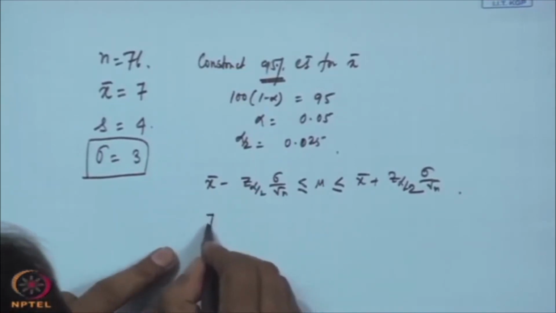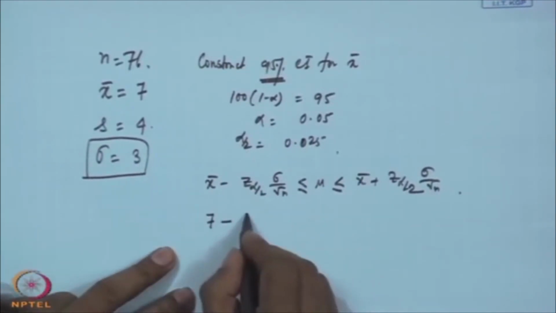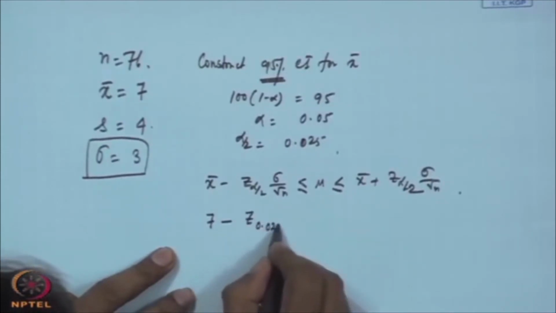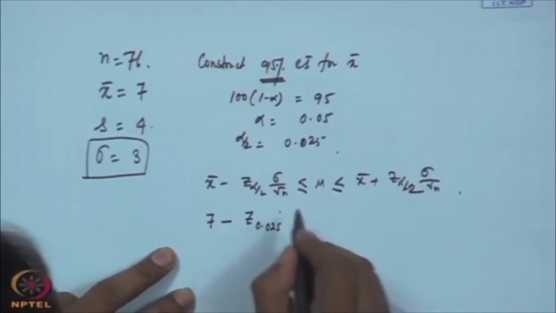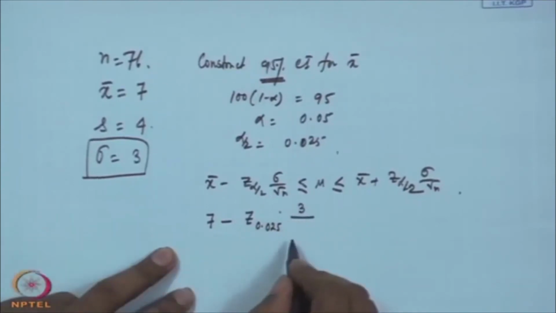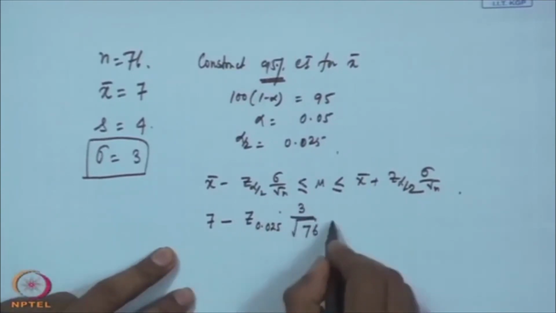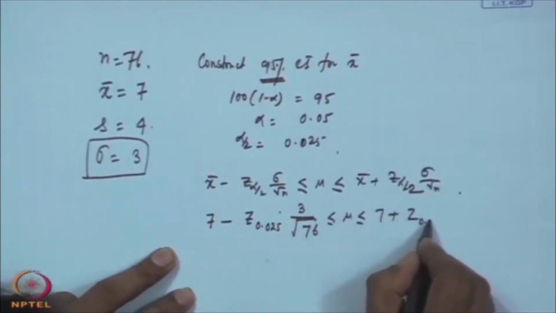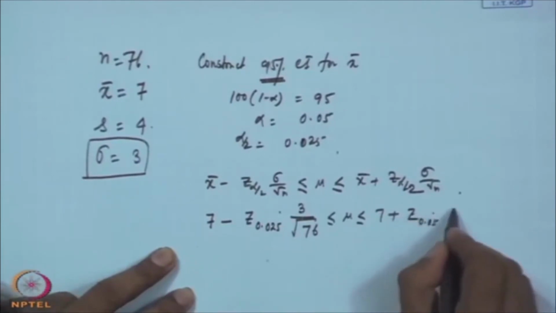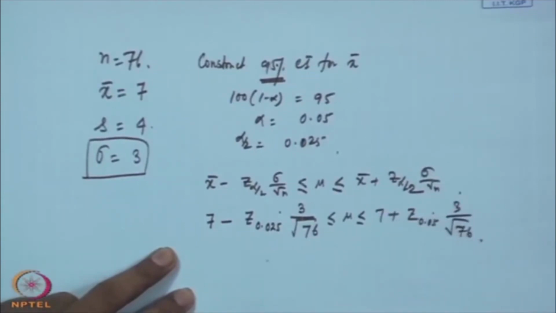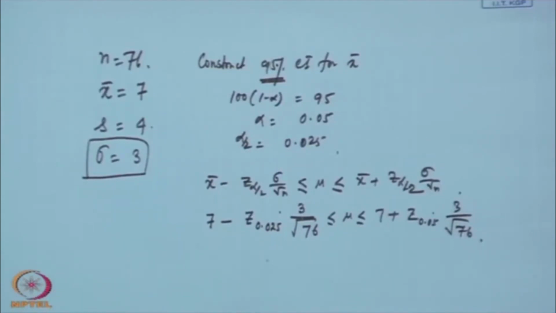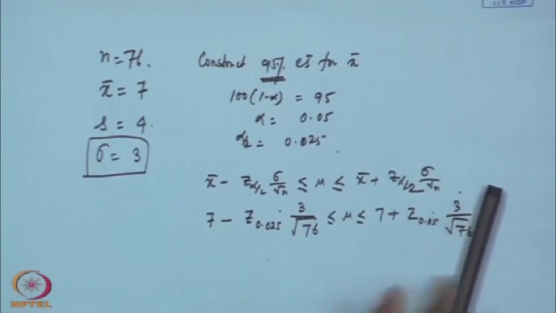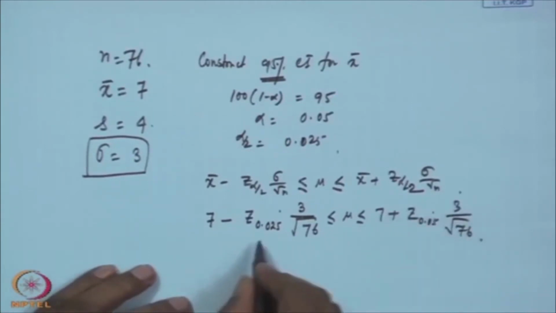So, your computation will be: x bar is 7, you have to know z 0.025, into sigma, the population sigma, which is 3, and your n is 76. So, 7 minus z 0.025 into 3 by root over 76 less than or equal to mu less than or equal to 7 plus z 0.025 into 3 by root over 76. All of you know that z 0.025, if you see the table, is 1.96.